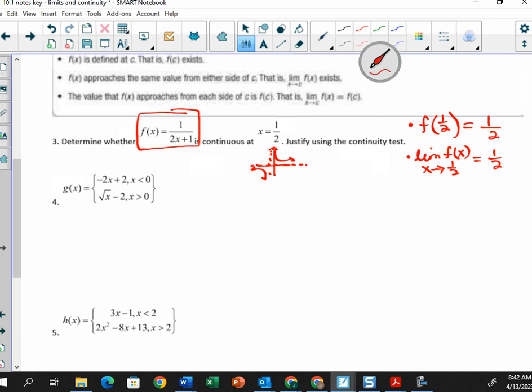So the third one: did the first two bullet points equal each other? Yes, so we would say f of 1/2 equals the limit of f of x as x approaches 1/2.